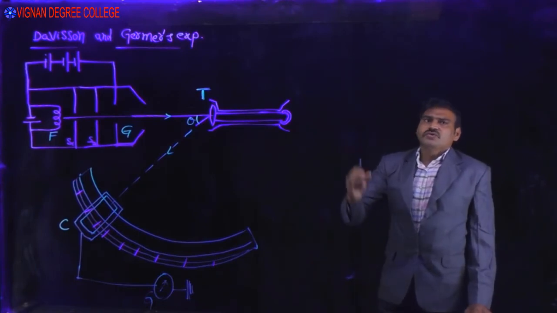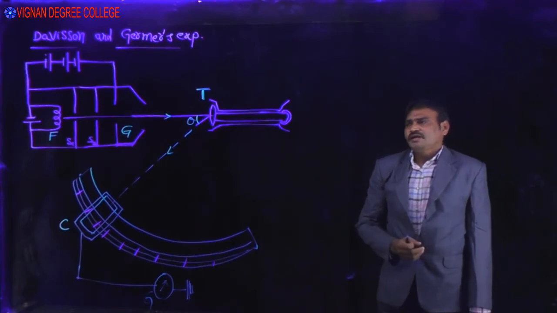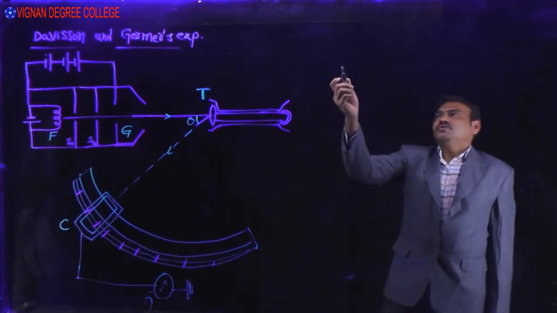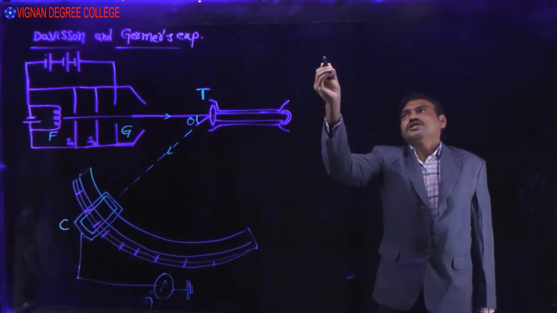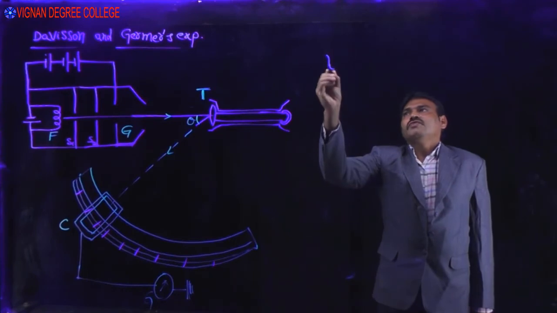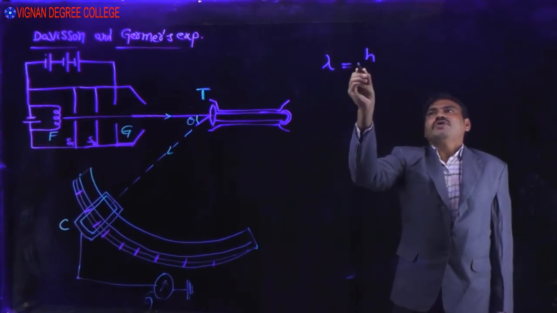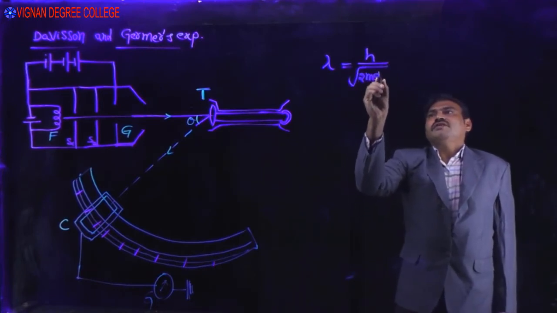At this value, it verifies the existence of electron waves. De Broglie gave a wavelength for matter waves. According to De Broglie, the wavelength of the waves associated with electrons, lambda, is equal to h by square root of 2meV.